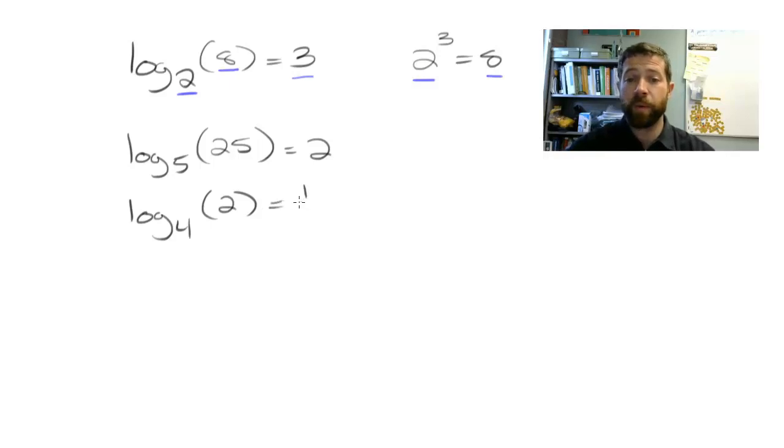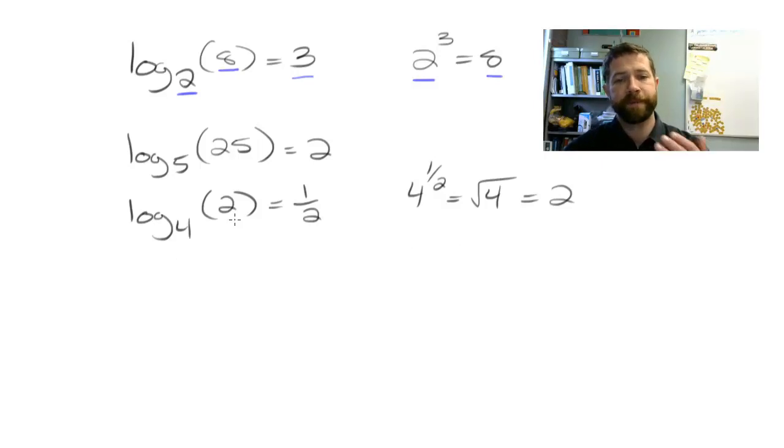This one is 1/2, because 4 to the 1/2 is the same thing as the square root of 4, if you remember rational exponents, and that would give you a 2. So 4 to the 1/2 is 2, therefore log base 4 of 2 is 1/2.